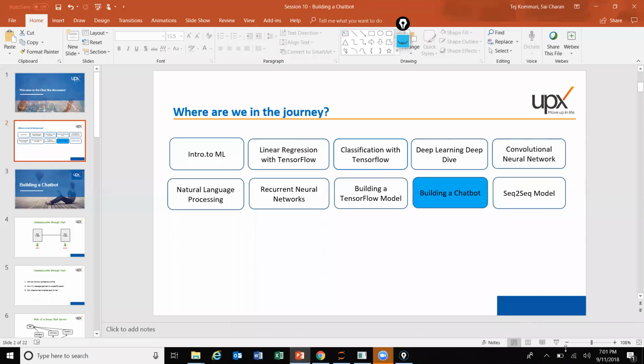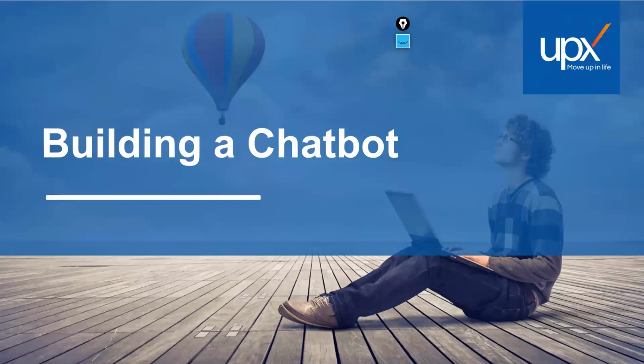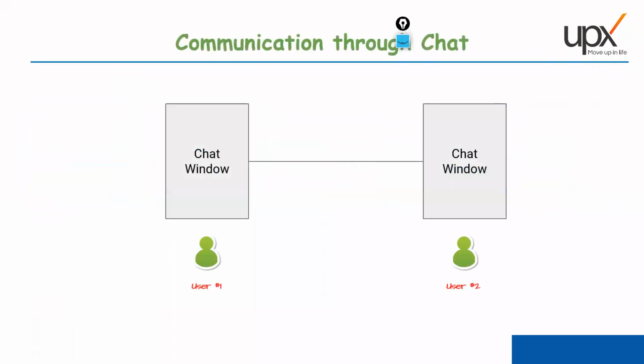That is where we are going to build a chatbot, and we're going to use this popular collaboration app called Slack, right? So first let us understand how this communication through chat actually happens. So we have a chat window, maybe people who have used computers during the late 1990s might be aware of mIRC32, right?